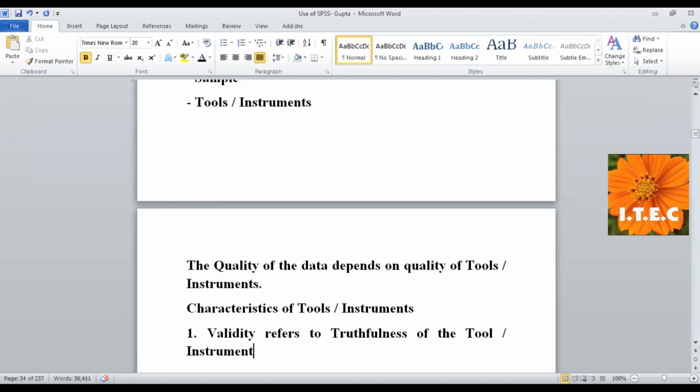That will be the validity. So how truthfully the achievement test in mathematics is able to assess the achievement of each and every student in mathematics.